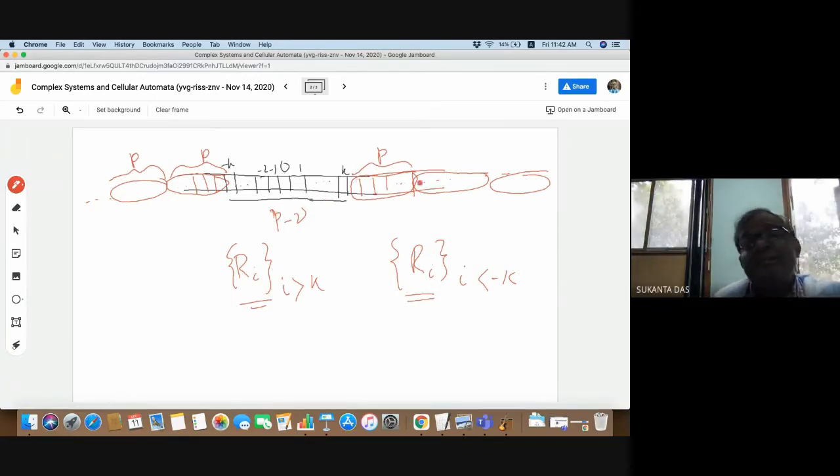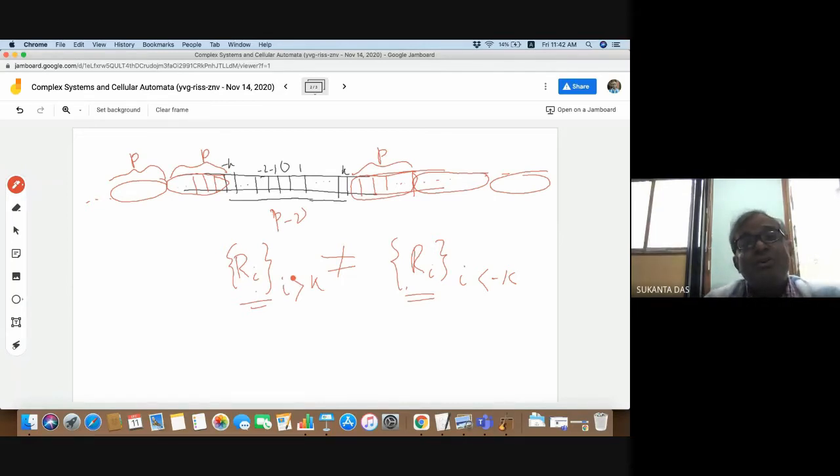What it's saying is that periodically these rules are applied, one on the right hand side, another on the left hand side. Therefore they may not be equal. We get two sets here, one for the right hand side, another for the left hand side, which are applied periodically. So this is the p-NUCA.